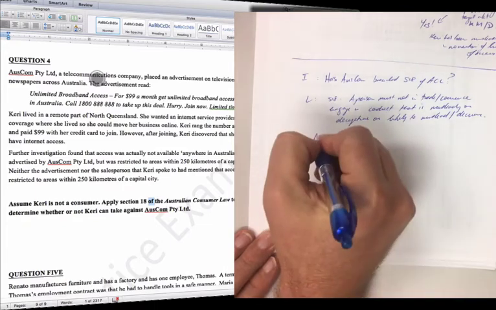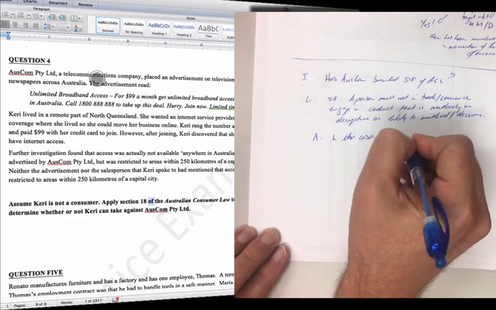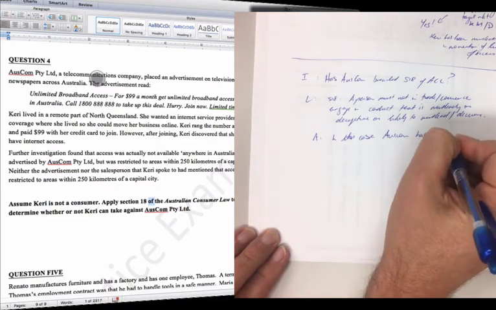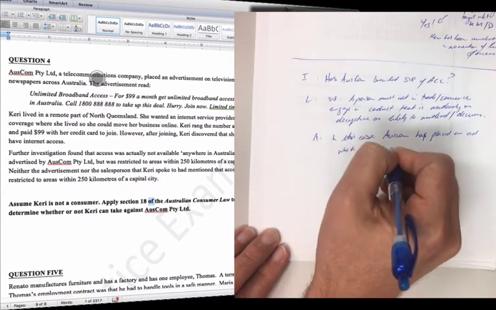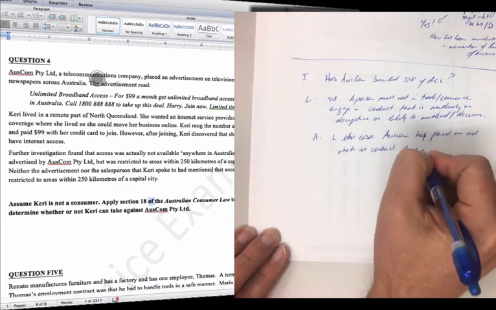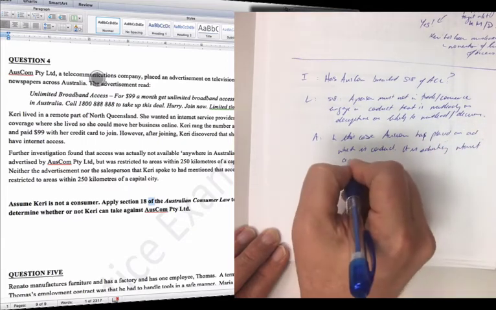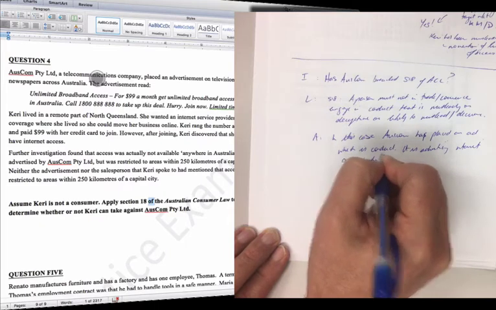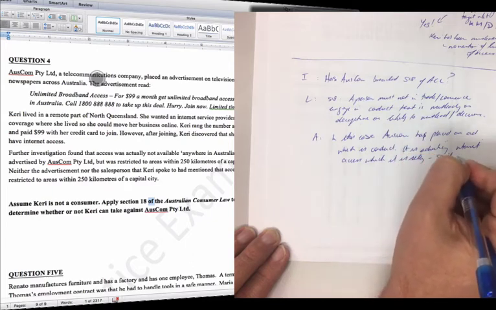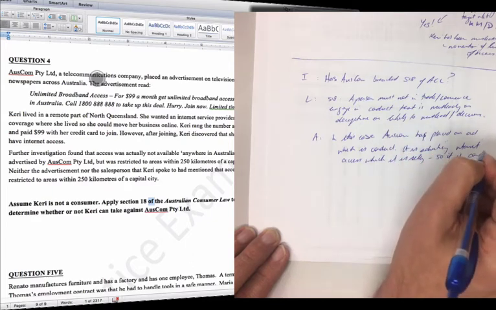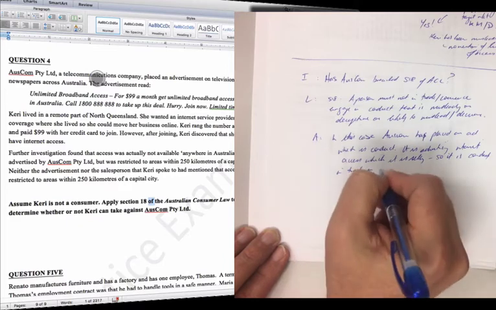I've got my issue, got my law, application. In this case, Ozcom has placed an ad which is conduct. It is advertising internet access, which it is selling. So it is conduct in trade or commerce.